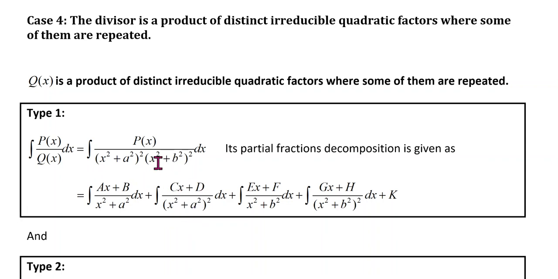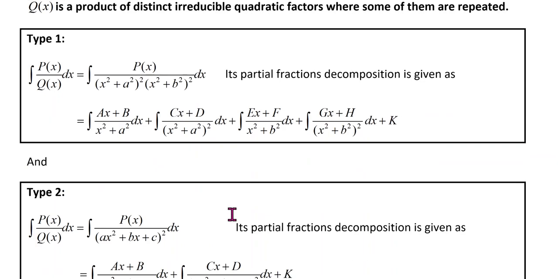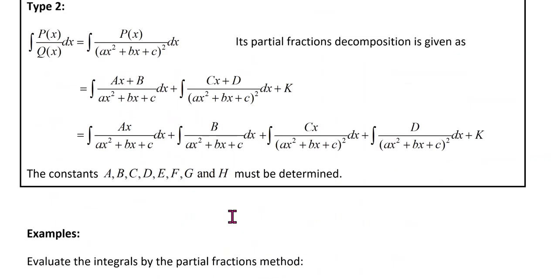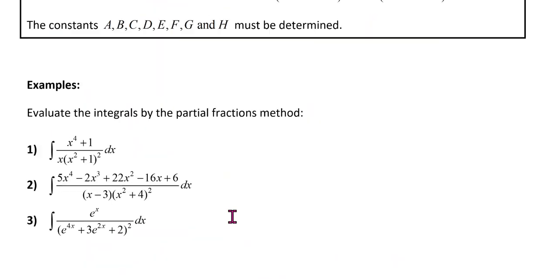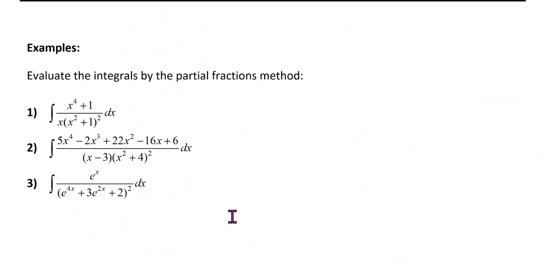Then you do the same thing with the second repeated irreducible quadratic factor. So you end up with this partial fraction decomposition. Okay, so that's type 1, and we will discuss only type 1. So let's do an example.